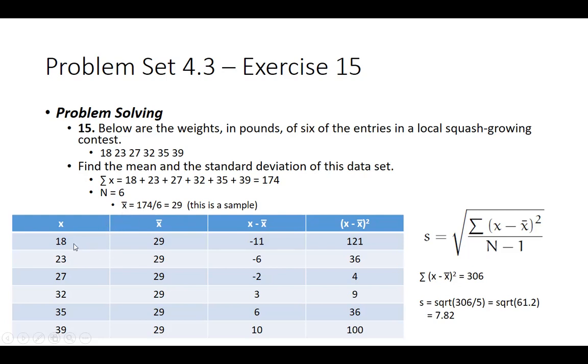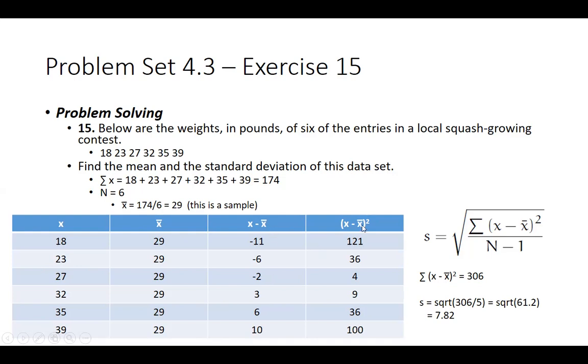You can see it. 18 minus 29 is -11. 23 minus 29 is -6. 27 minus 29 is -2. 32 minus 29 is 3. 35 minus 29 is 6. 39 minus 29 is 10.